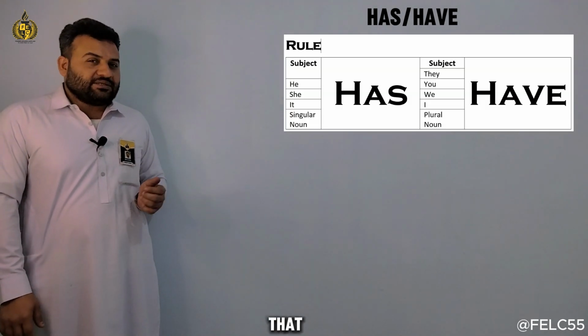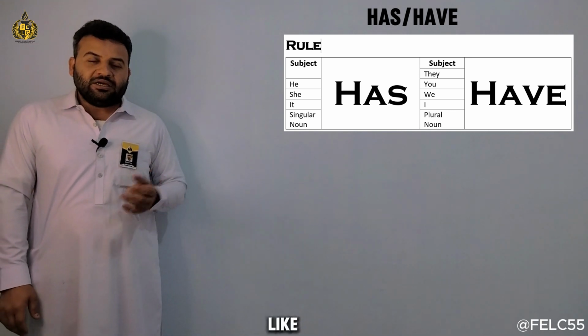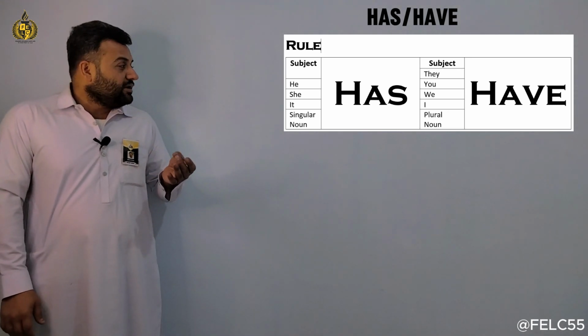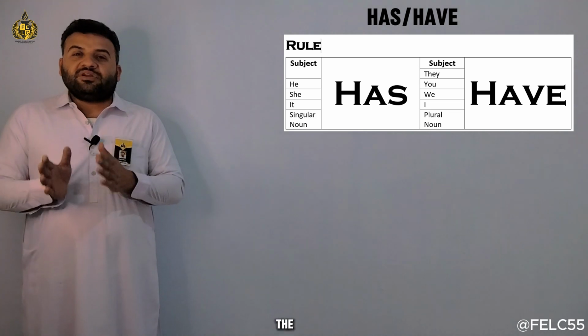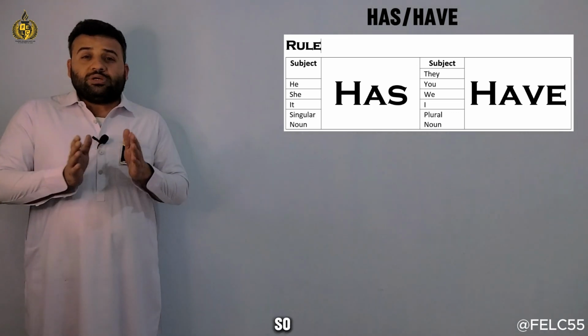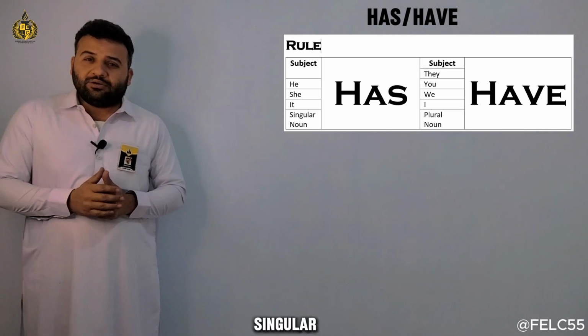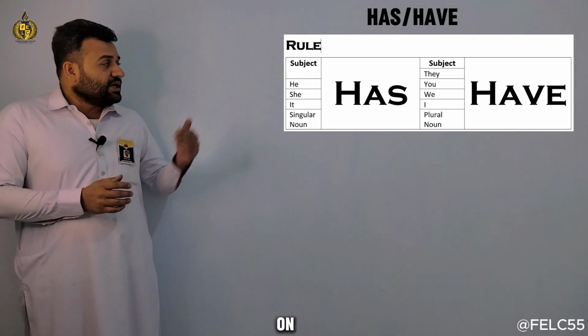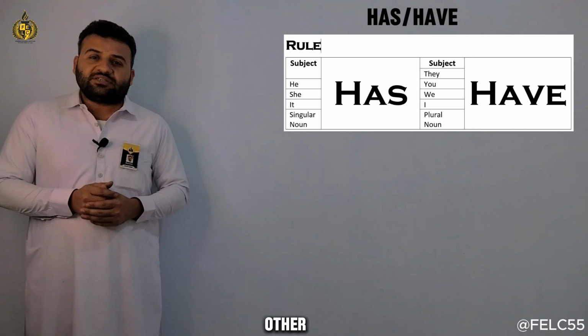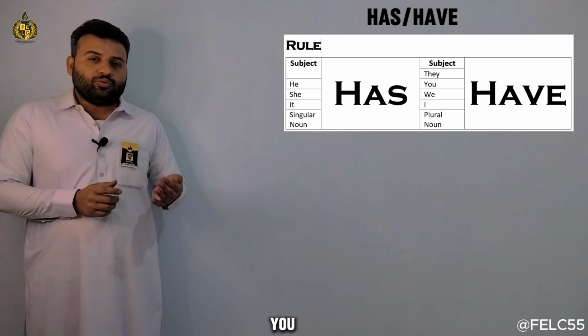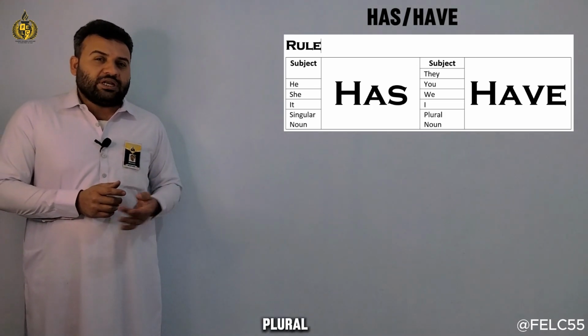So you can see that I have written some of the subjects like he, she, it, and singular noun, and at the front of them I have written has. So it means that has will be followed by these singular subjects, right? And on the other hand, I have written some of the other subjects like they, you, we, and I with plural noun.